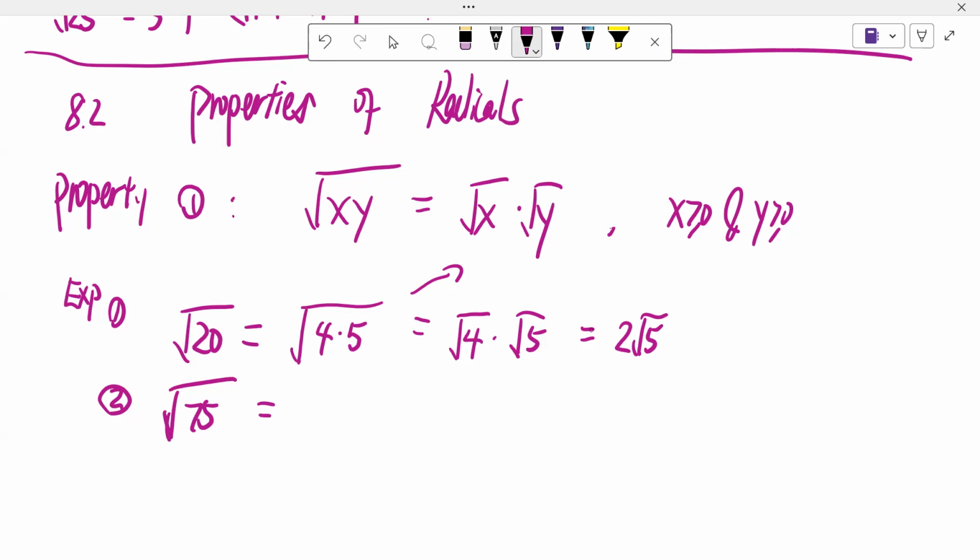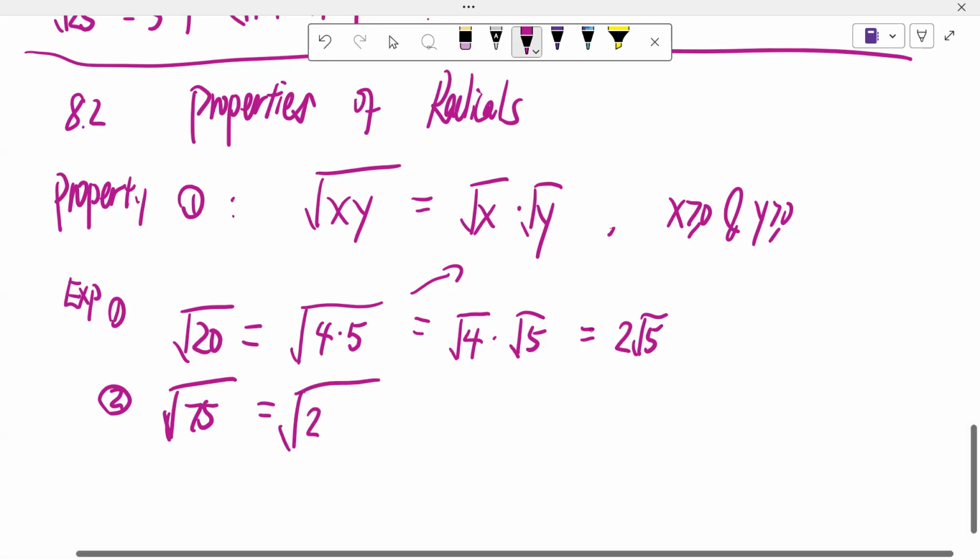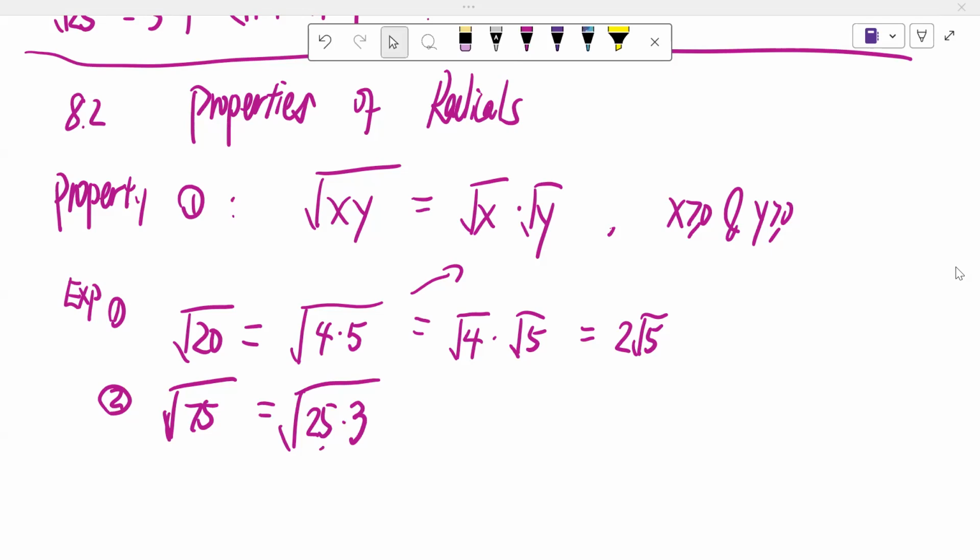How about 25? 25 times 3, right? Okay. 25 is the maximum perfect number that goes into 75. So that's why it's got to be 25 times 3.